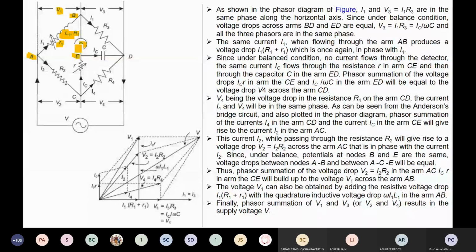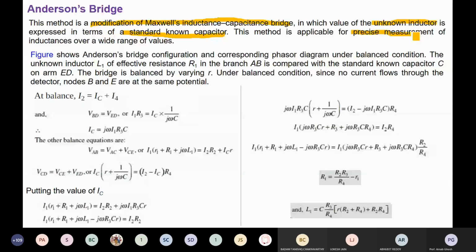In this case, the figure shows the Anderson bridge configuration and the corresponding phasor diagram, which I have already shown you. Under the balance condition, the unknown inductor L1 has effective resistance R1. Which one is your unknown inductance? It's your L1, and the effective resistance, the equivalent series resistance, is your R1.